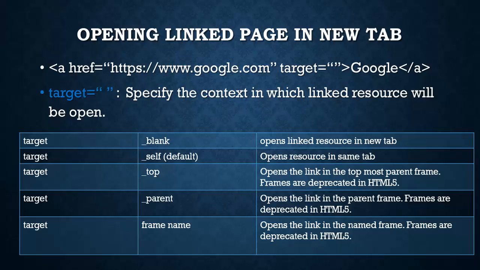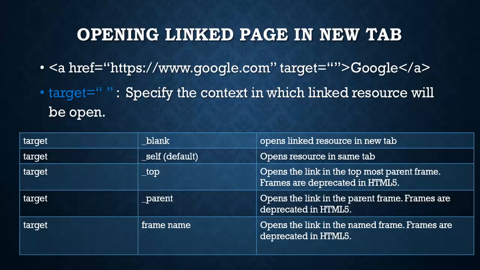The second possible value is underscore self, which is the default value for the target attribute, which opens the resource in the same tab. The third possible value of target is underscore top, which opens the linked resource in the topmost parent frame. But frames are deprecated now in HTML5, so this is not useful anymore.